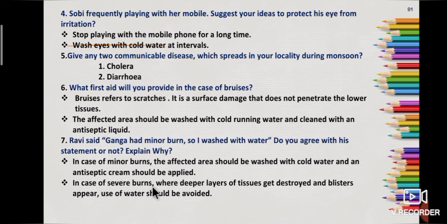In case of severe burns, where deeper layers of tissues get destroyed and blisters appear, use of water should be avoided.